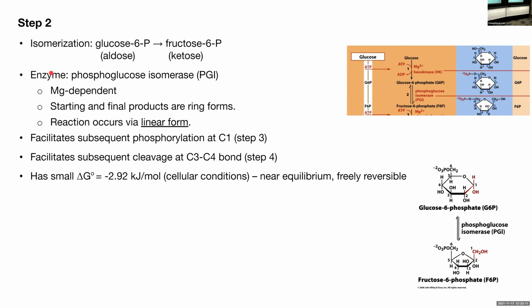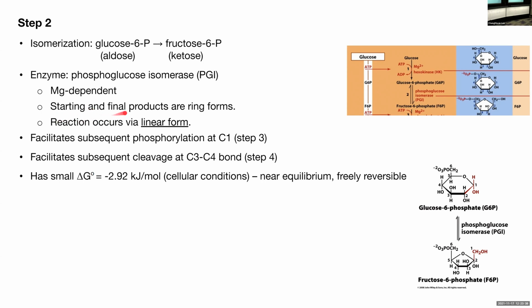This reaction is catalyzed by an enzyme called phosphoglucose isomerase, or PGI. This PGI enzyme is magnesium dependent. And as you can see, the substrates are negatively charged because of this phosphate group, so it has to be stabilized by this magnesium used as a coenzyme here.